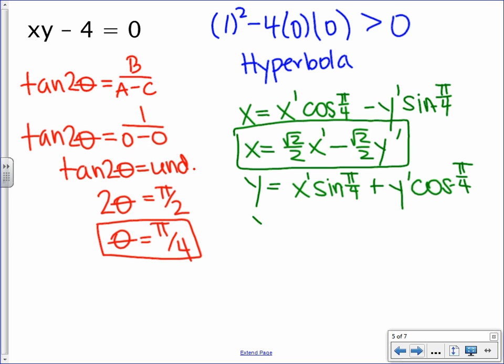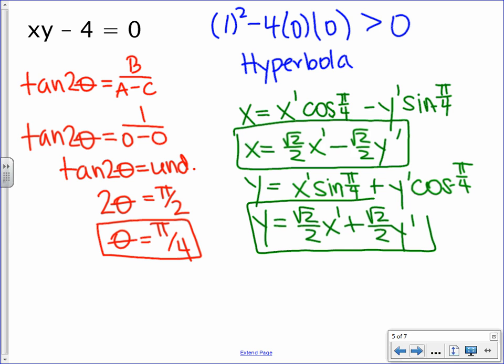So y becomes radical 2 over 2 x prime plus radical 2 over 2 y prime. This is all just the groundwork. We haven't even got into the algebra yet.